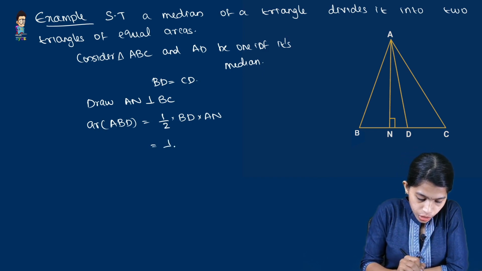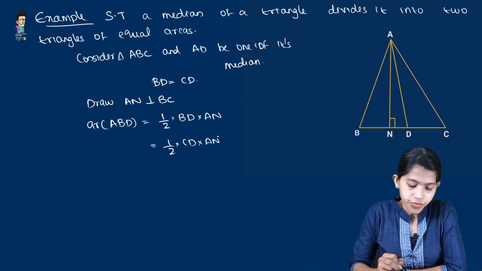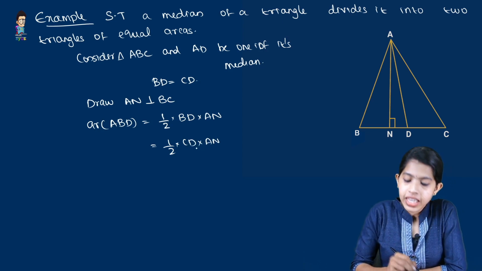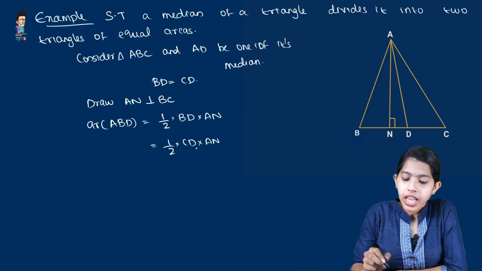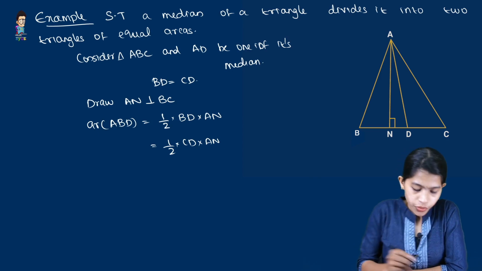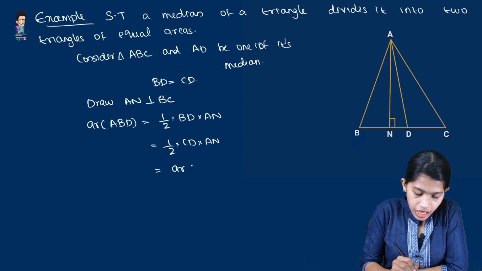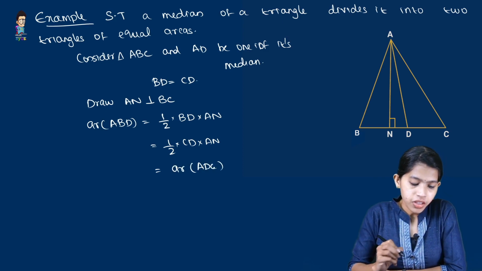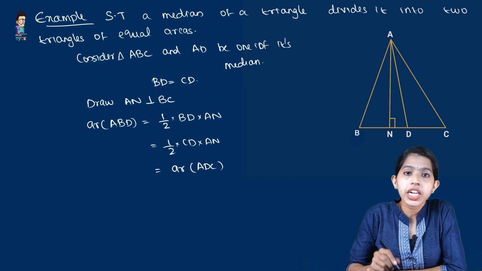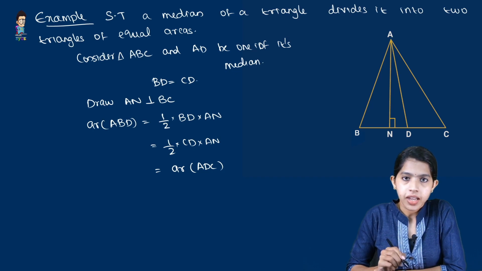So, this is equal to half into CD into AN. Here, CD is the base of the triangle ADC and AN is the corresponding altitude. So, this is equal to area of triangle ADC. So, from this we can say that the median of a triangle divides the triangle into two triangles of equal area.